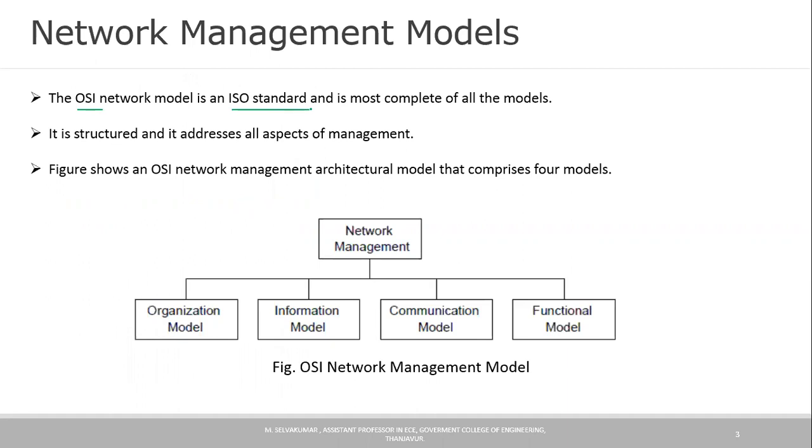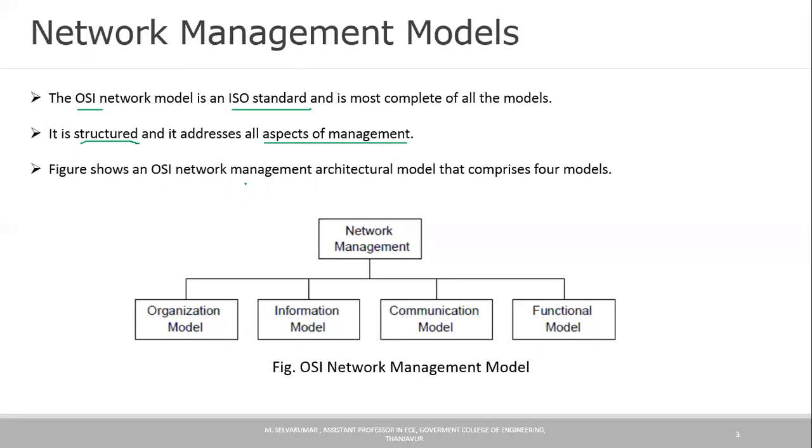It is the most complete model, it is structured, and it addresses all aspects of management. So it is a complete network management model, and nowadays it is the most popular in telecommunication network management.